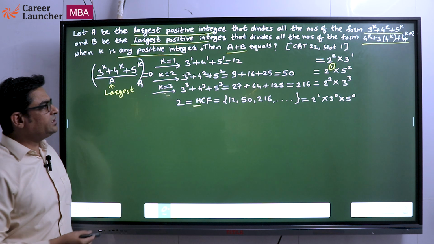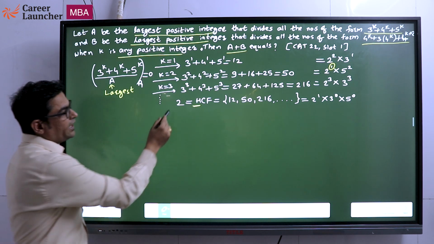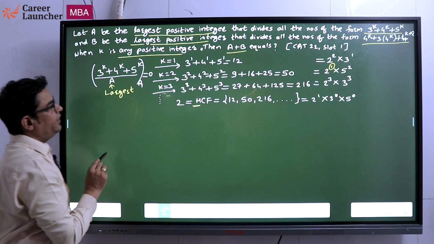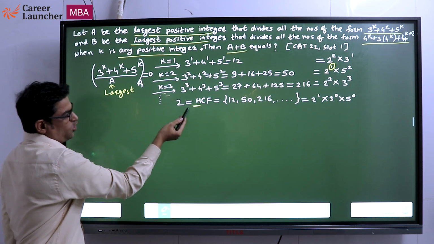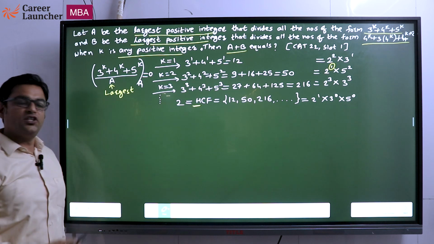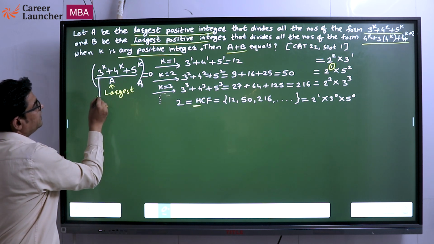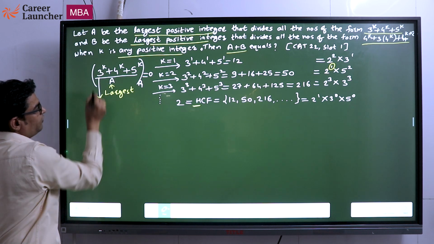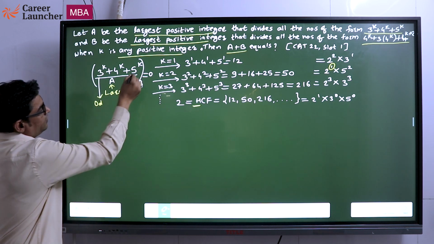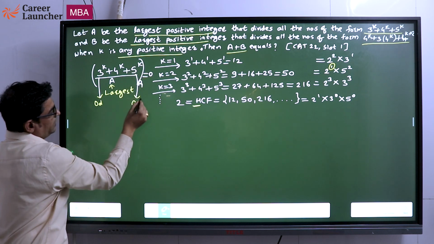Again, is it necessary that if I extend this series of k, I will get 2 as the HCF? As in, am I sure that I will be able to divide all the numbers by 2? Let's check it out. 3 power k: 3 is an odd number, and any power of an odd number should be odd. 5 is an odd number, and any positive power of 5 would be odd.